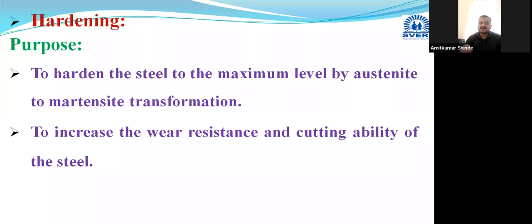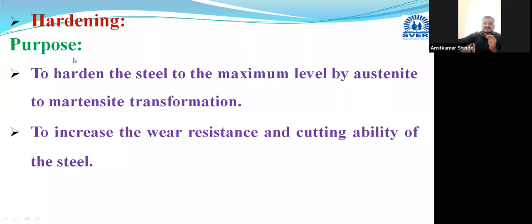Now here, why we are conducting the hardening? Our first aim is to improve its hardness, that is to harden the steel. Here you can read, to harden the steel to the maximum possible level. In the hardening heat treatment process, we are increasing the hardness of that steel by transforming austenite into martensite.